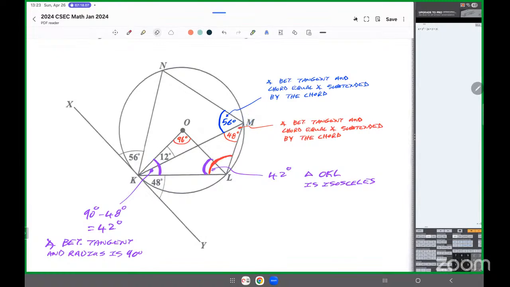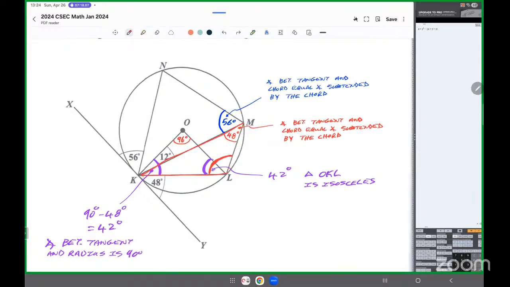To find that angle MLK, you can work in this triangle right here, which I'm going to mark out in red. These three angles add up to 180. That angle right there is actually 42 minus 12.